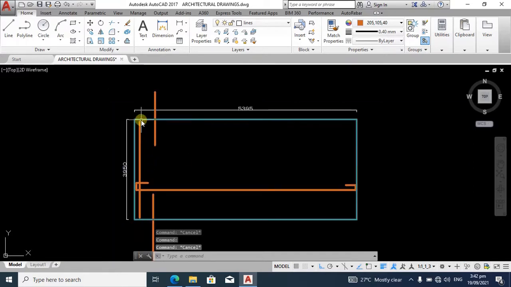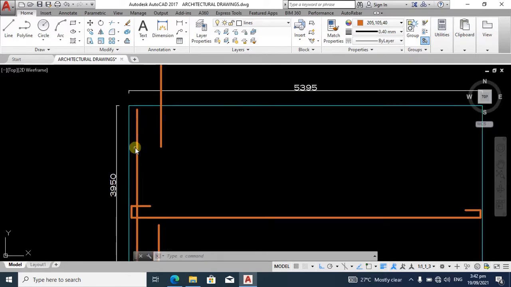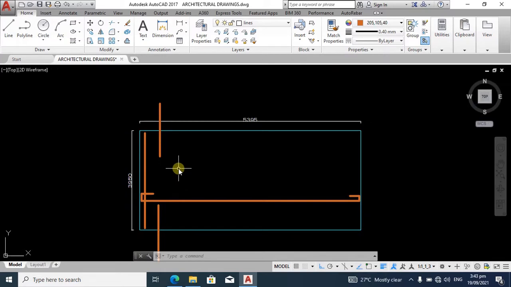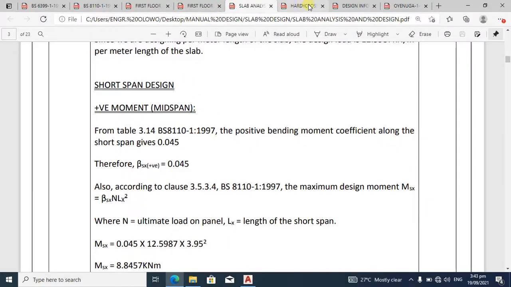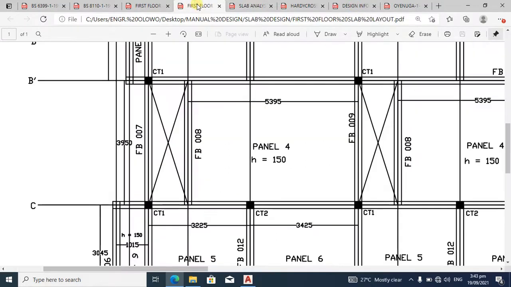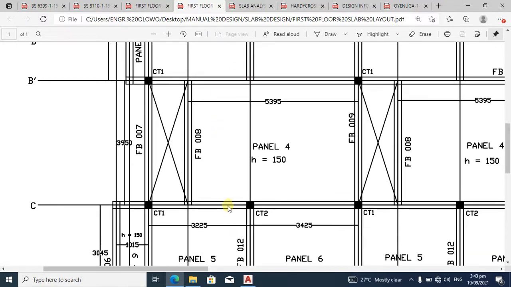Now, along the shorter span, we are going to calculate for moment within the midspan. Also, we will calculate for moment around the continuous edges. Remember, if we go to the general arrangement plan, you will see that this edge of the panel is continuous. This edge of the panel is also continuous.